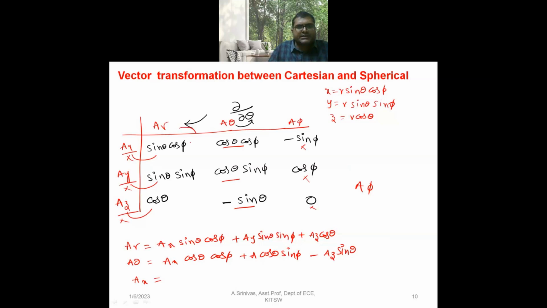For Ax it is, now this time you can consider this direction, that is Ar sin θ cos φ plus Aθ cos θ cos φ minus Aφ sin φ. Likewise, you can write the equations for Ay and Az.